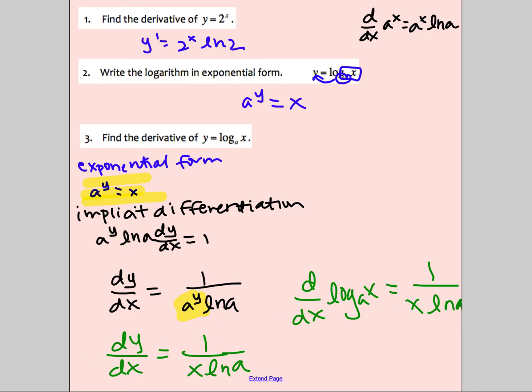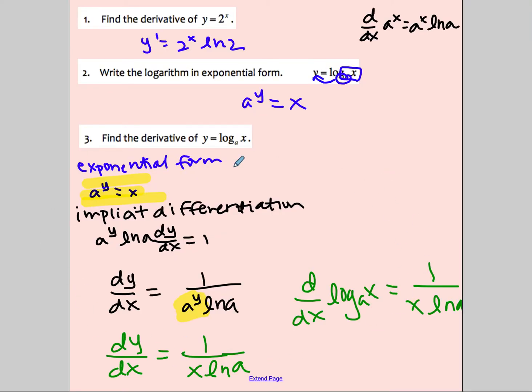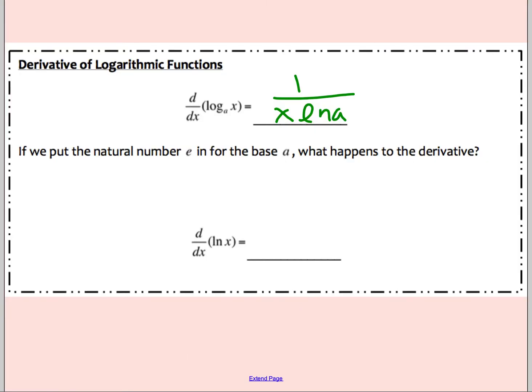On our next slide, we have that. What is the derivative of log base a of x? It is 1 over x ln of a. This proof shows you where it came from. It's a proof of how you'd find the derivative of log base a. Now that I showed you where it came from, you can just use this rule, and I would recommend memorizing it, because you'll want to have it for your test going forward.